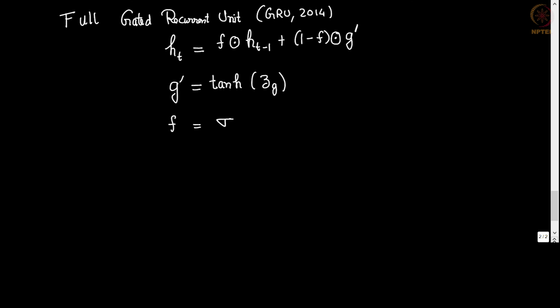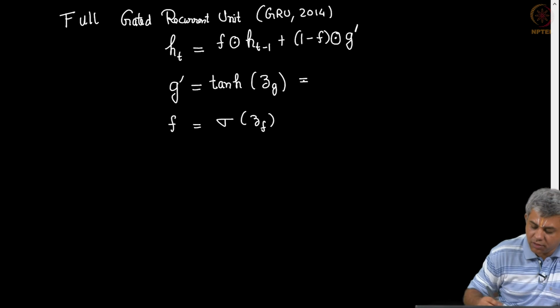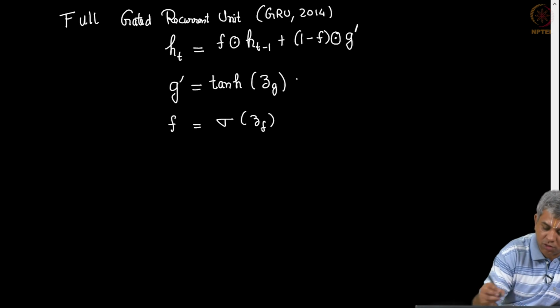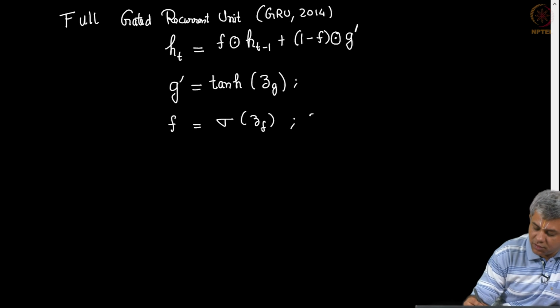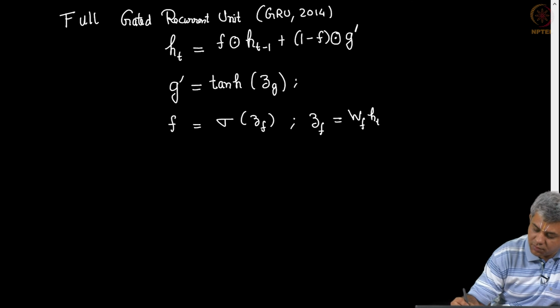f is sigmoid of Zf, okay. Instead of equal to, I will put semicolon, I guess that is more appropriate. Zf is as before Wf times Ht minus 1 plus Uf times Xt.